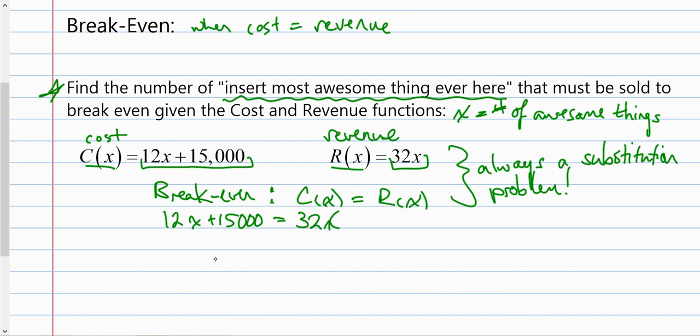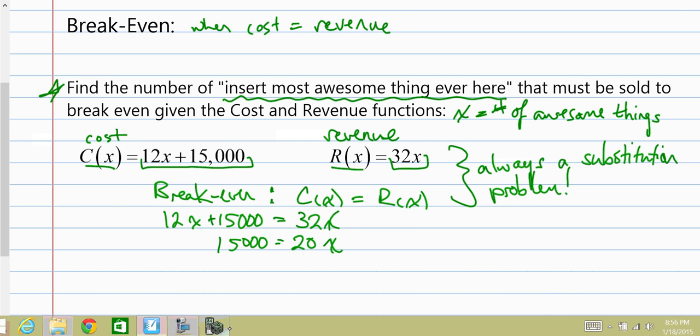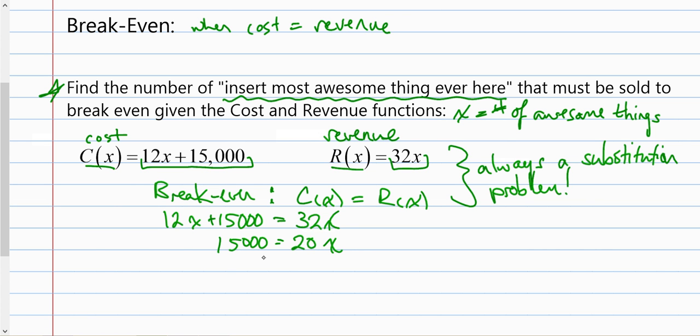So, at that point, 15,000 equals 20x. If I divide both sides by 20, I get 750 equals x. So I could check this.